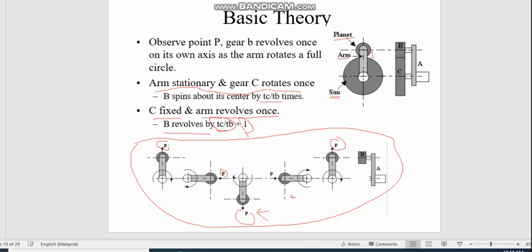So that's why if C is fixed, then when the arm revolves once, B revolves by Tc over Tb plus 1 rotation. So that's basically the basic theory of the epicyclic gear system, which we will apply over and over again in subsequent lectures.